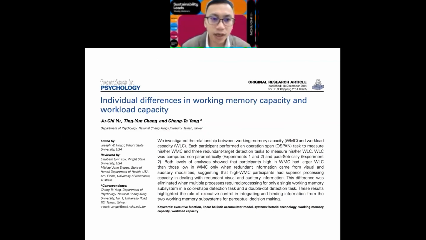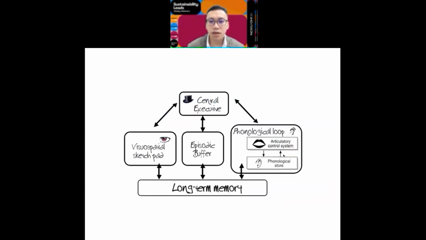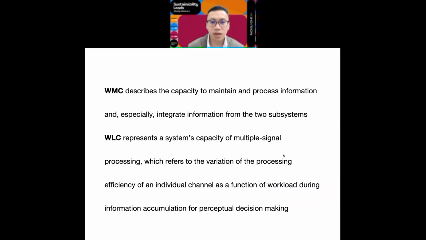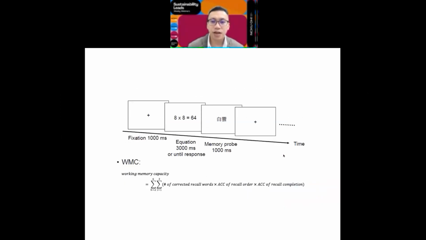And we can use SFT to study the individual differences in working memory capacity and workload capacity. So I won't go into much detail here. If you are interested in this, we can have some discussions in the Q&A section.